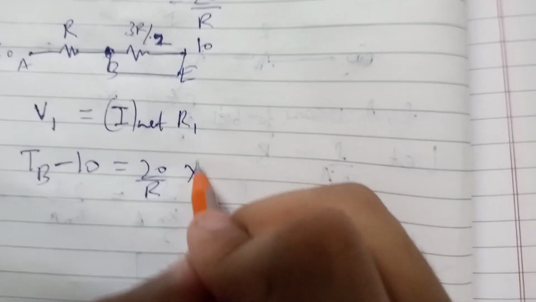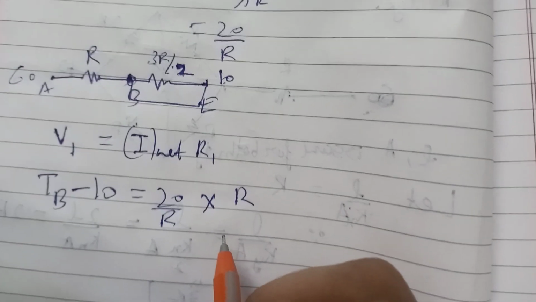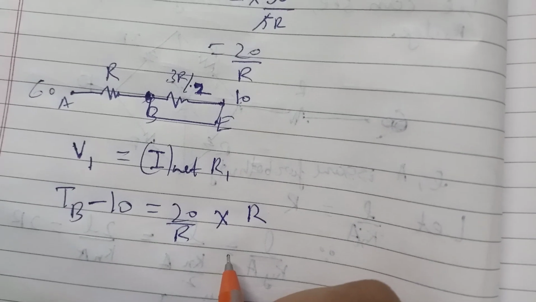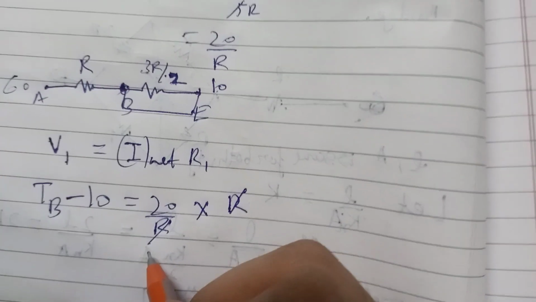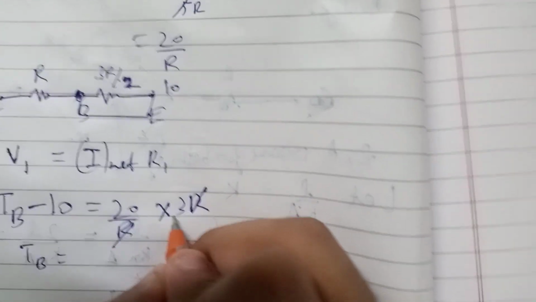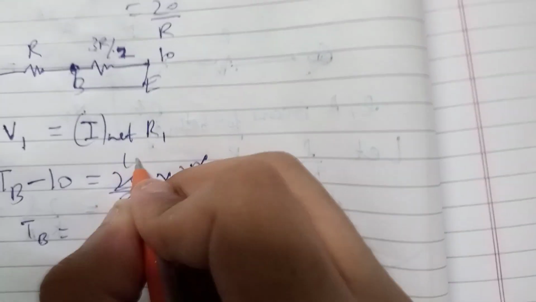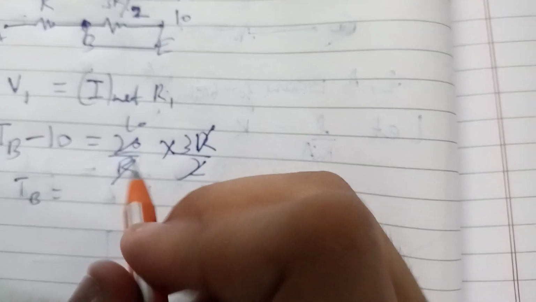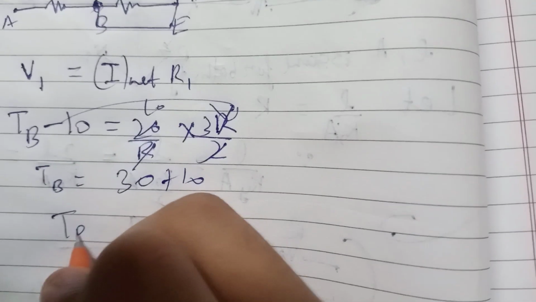Now R1 is 3R by 2. So this is equal to 2 by 20 cuts off and we get 30. We get the minus 10 here, which becomes plus 10, and we find that TB has the value of 40 degrees Celsius, and this is the required temperature as per the question.